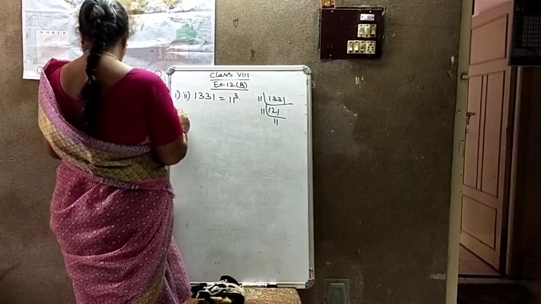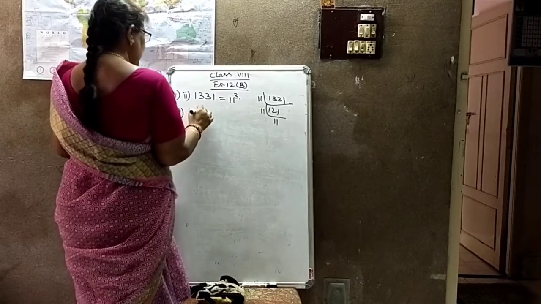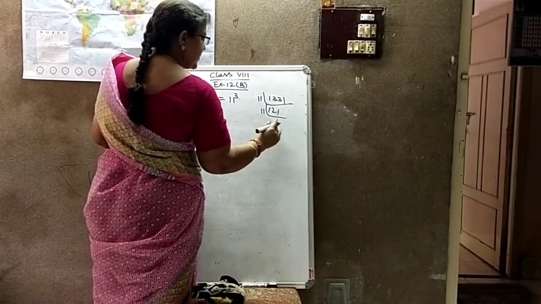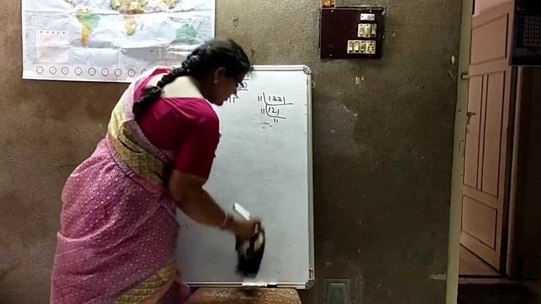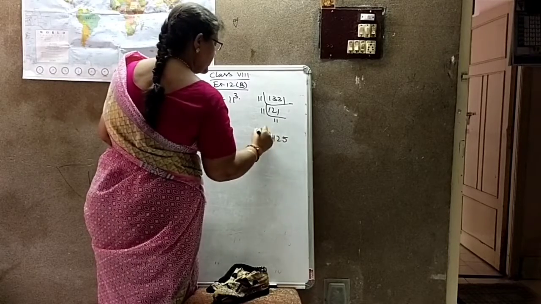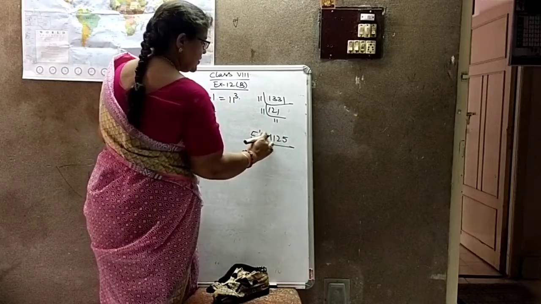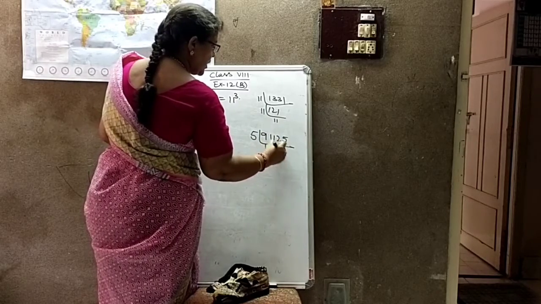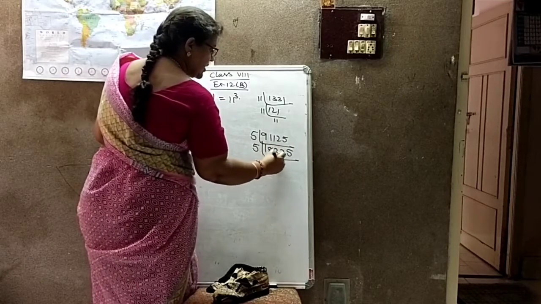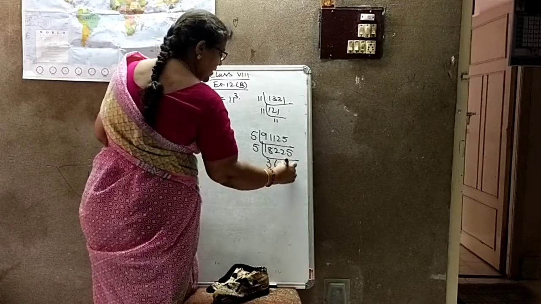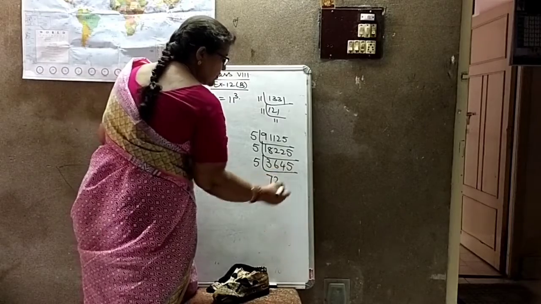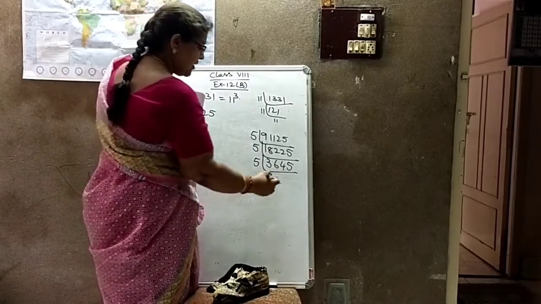Next, I am going to solve the fifth sum, 91125. This is also related to the 5 table. 91125. 5 table: 5 ones are 5, 5 times 1 is 5. Again the 5 table: 5 threes are 15, so 25 times 5. Again the 5 table: 5 fives are 25, so 45 and 9 times.